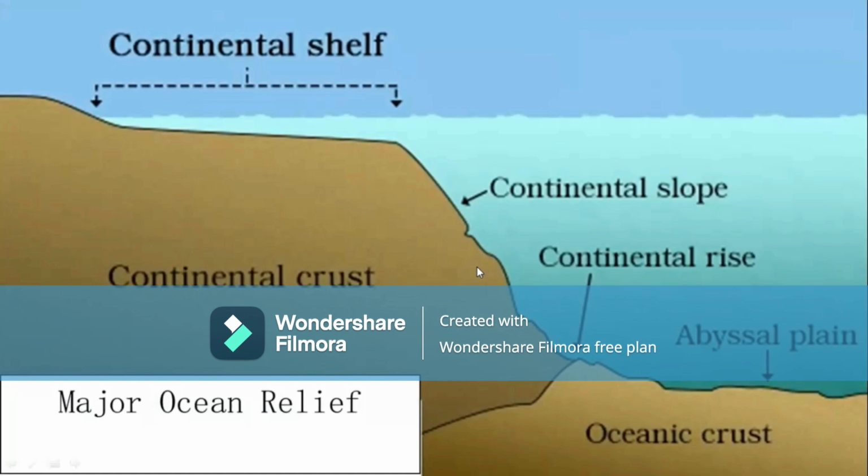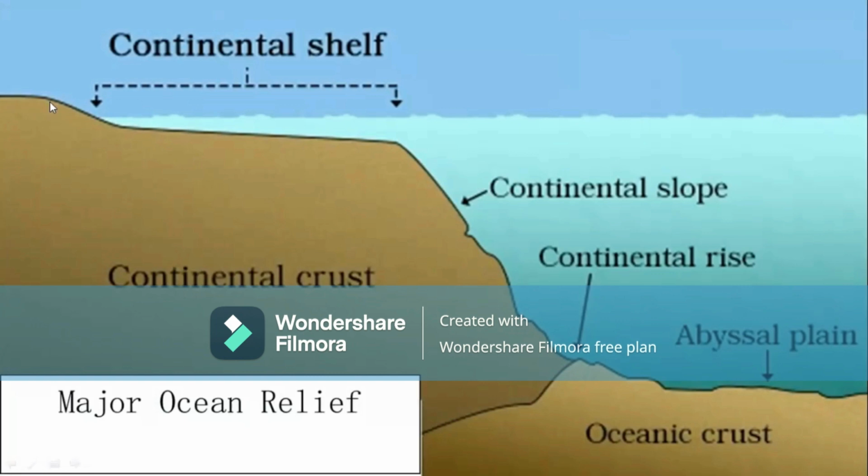See how this continental crust is sloping towards the oceanic crust, or you can say that it is the seaward extension of the land.